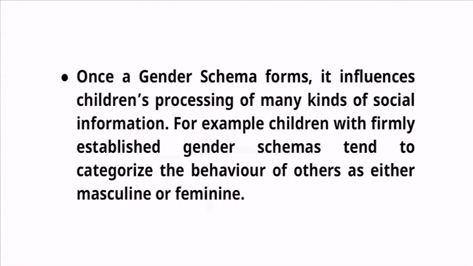Once a gender schema forms, it influences children's processing of many kinds of social information. For example, children with firmly established gender schemas tend to categorize the behavior of others as either masculine or feminine. This masculine and feminine has come from where?